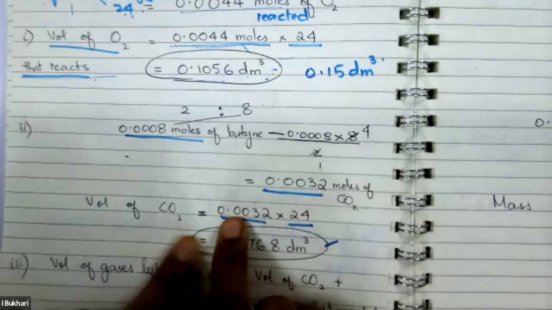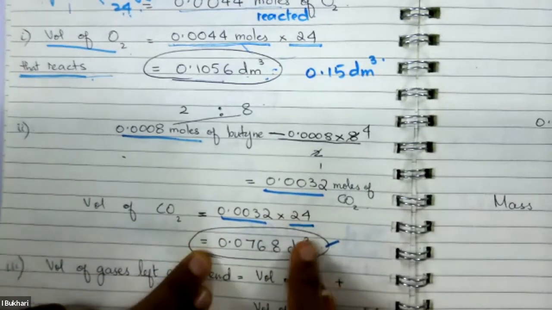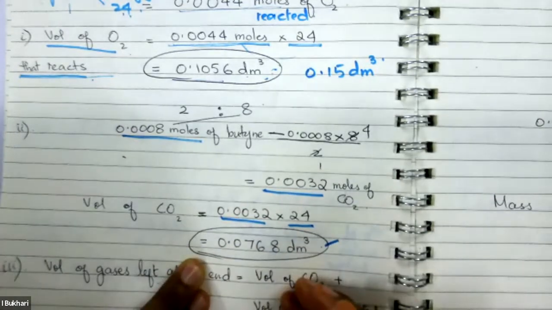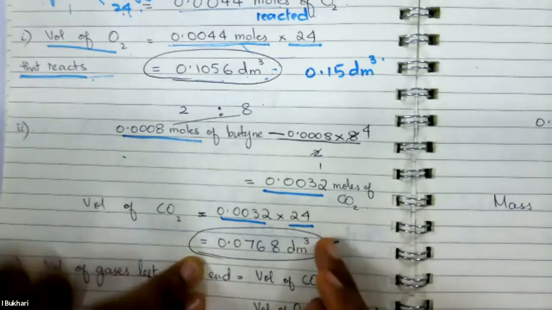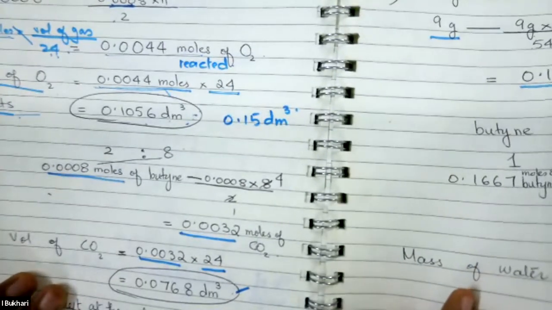So if I have the number of moles, I will just multiply that by 24 and I will get the volume of carbon dioxide, the whole gas. Oh, okay, miss. Thank you. Now you got it? Is there any other question? Does anybody else have any question?